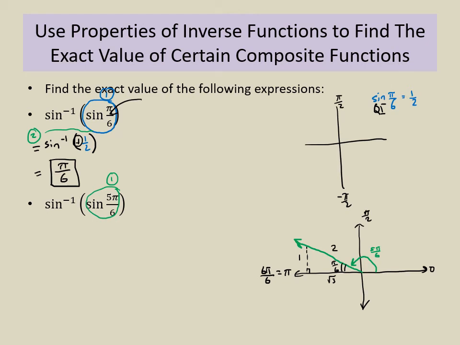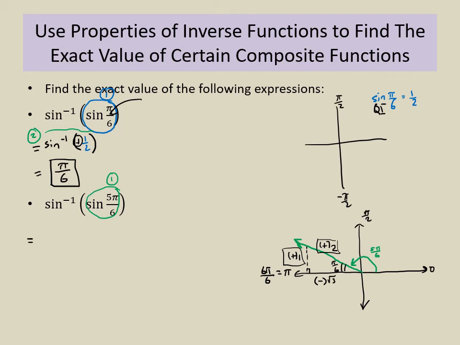But be careful here, because this is in the negative direction. This is in the positive direction. The hypotenuse is always positive. So sine of 5 pi over 6 is going to be positive 1 over positive 2, which is 1/2.